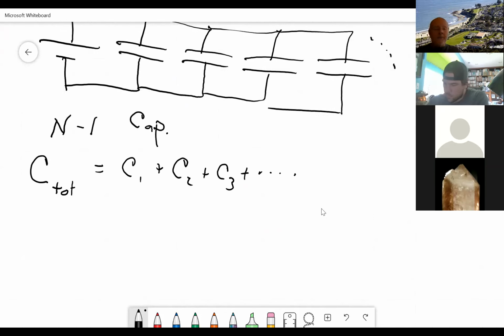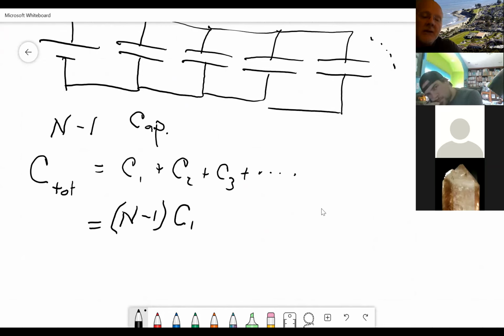They're all identical, and so it would be n minus 1 times the capacitance of the first one. That's kind of the biggest step in it, but we've got some more tough stuff to do.